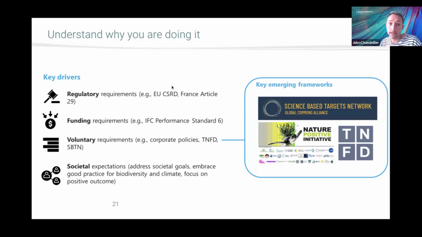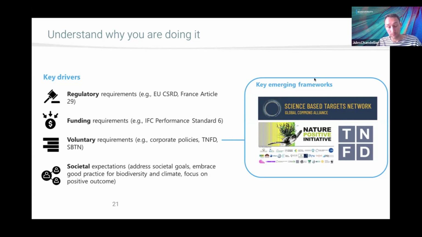And the fourth, and I hope probably one of the biggest drivers at the moment, is societal expectations, and I would add awareness to that. I hope that lots of people within companies want to better integrate biodiversity questions in their daily job, because they understand more and more how important this is, and how addressing societal goals and environmental questions is key to the long-term sustainability of their company.